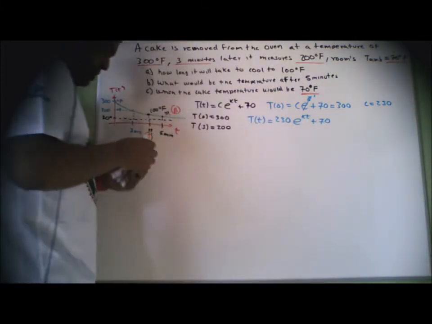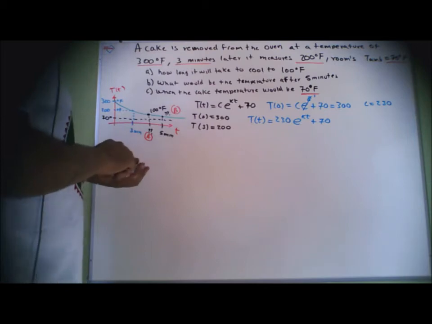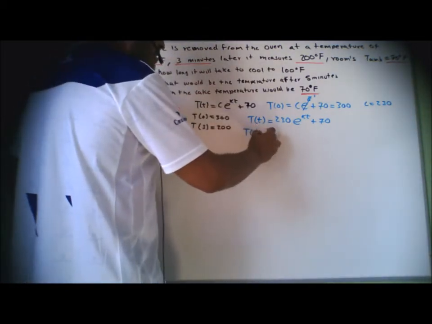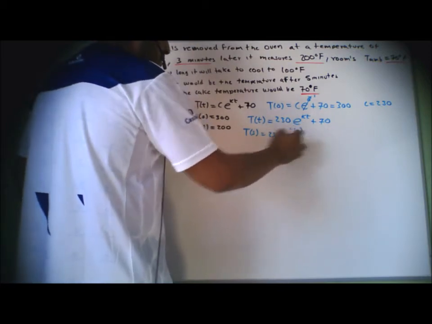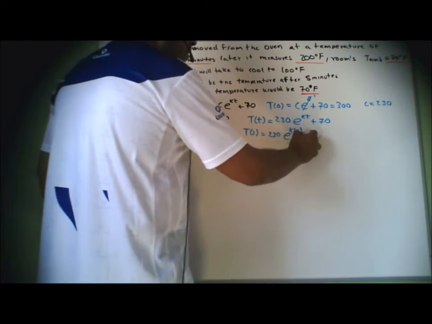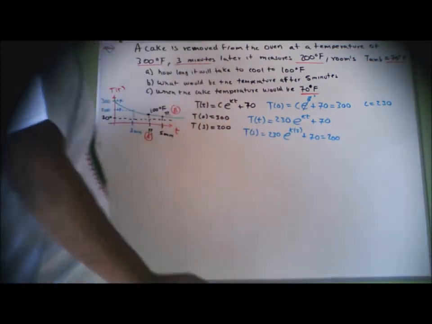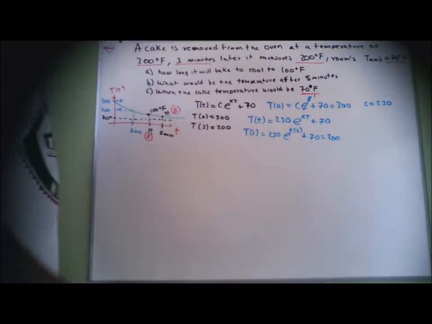Now the other initial condition, T of 3 is equal to 230 exponential of k times 3, that is the time, plus 70 equal to 200. So what we have to clear is the k, despejar la k.